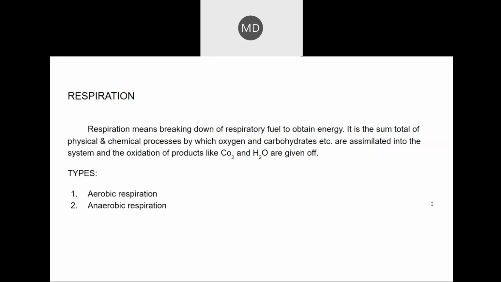It is a chemical reaction. So it is like glucose plus oxygen. When we breathe in, we get oxygen, right? So when glucose combines with oxygen, this glucose will break down and it will form carbon dioxide and water, and along with it, energy.